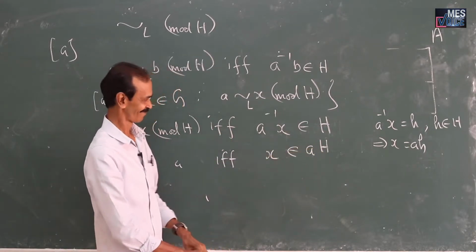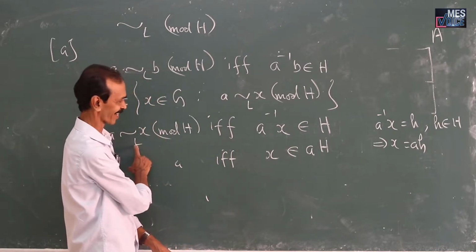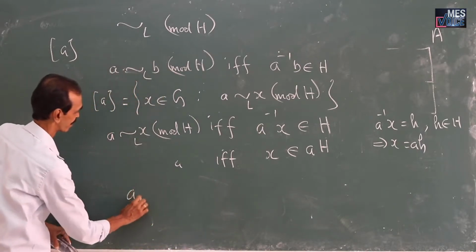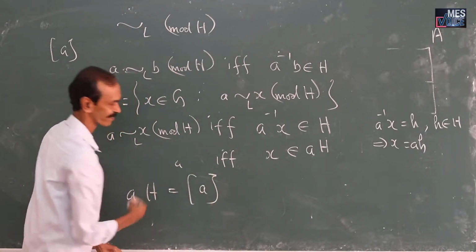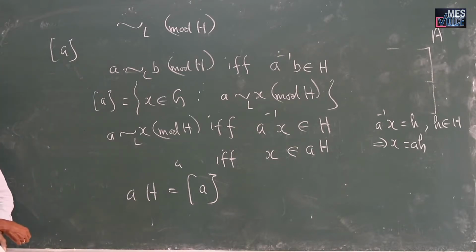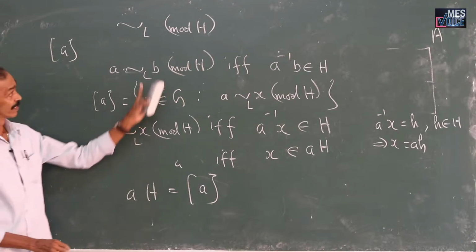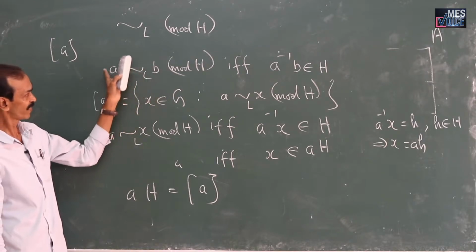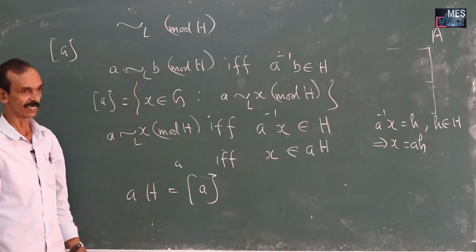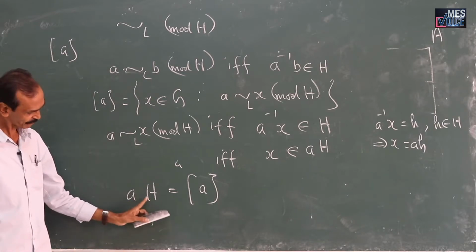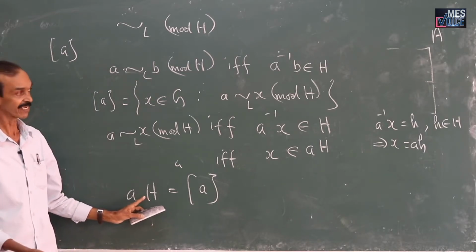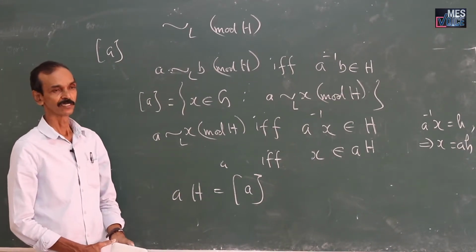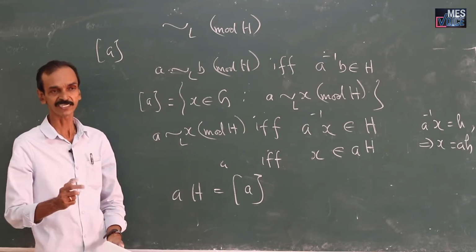If the relation holds, then x belongs to AH. So, what is AH? AH is simply the equivalence class. What we recognized at this moment is that the equivalence classes of left congruence modulo H are precisely the left cosets of H in G. Similarly, take the other relation, the right congruence modulo H. What will be the equivalence classes of such an equivalence relation?